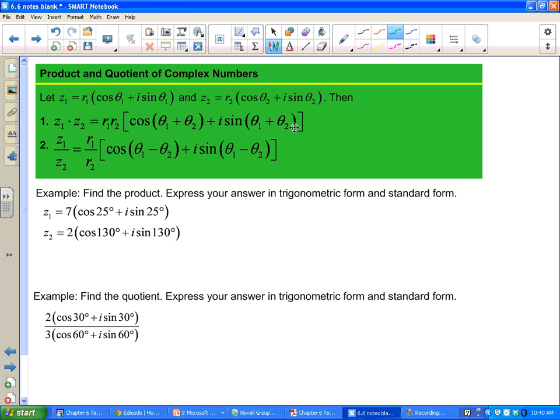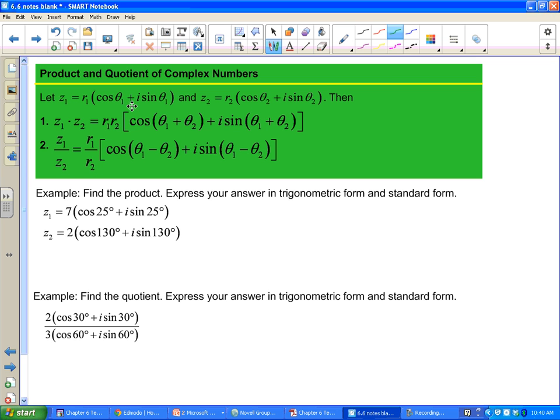If it asks for it in standard form, I'd actually have to work it out. Keep in mind, if we were in standard form and we wanted to multiply them together, then that's simply a matter of FOILing. When I'm doing the quotient, I divide the r's and then I subtract the angles.